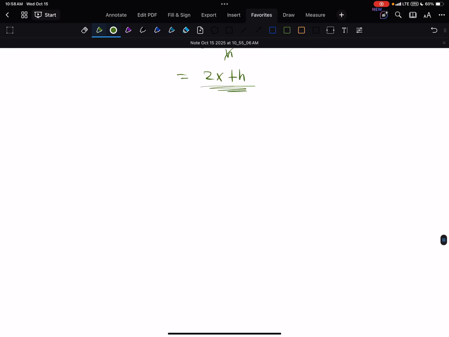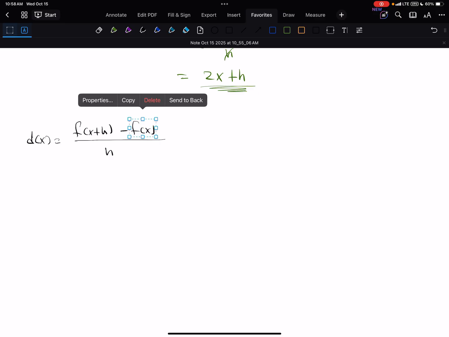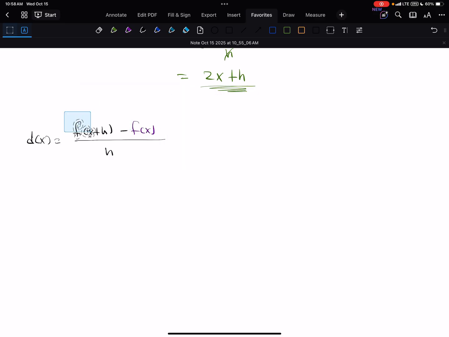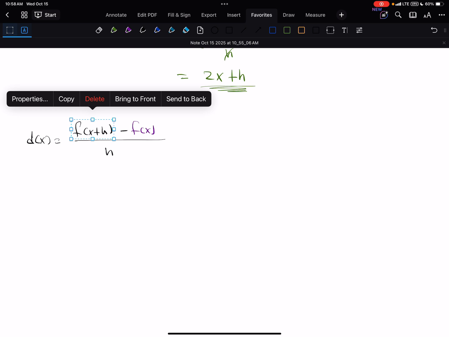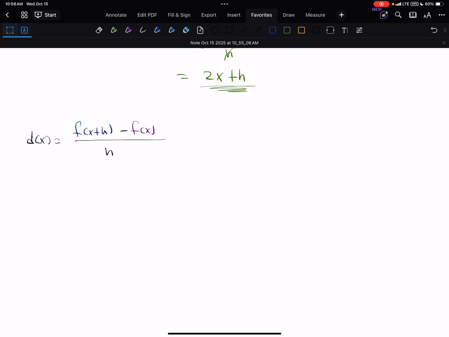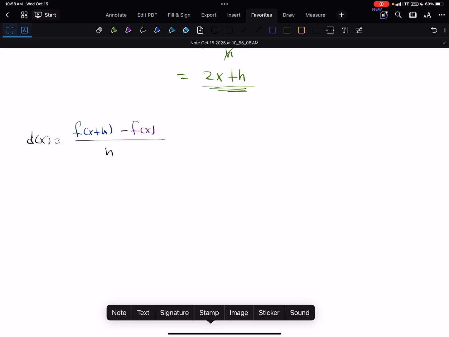So if I go down here and I just write down the difference quotient, that's going to be d of x equals, and I said f of x plus h minus f of x divided by h. Well, I'm going to change my colors around a little bit. I'm going to change that to a purple. And I'm going to change my f of x plus h to a blue. And we'll leave the h down there in the denominator as black.